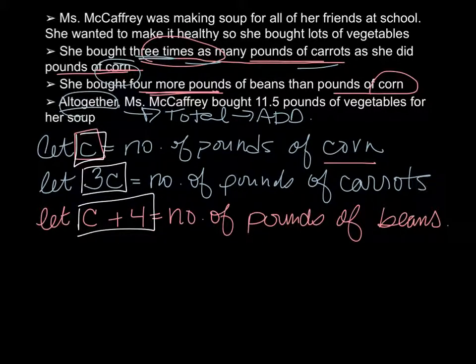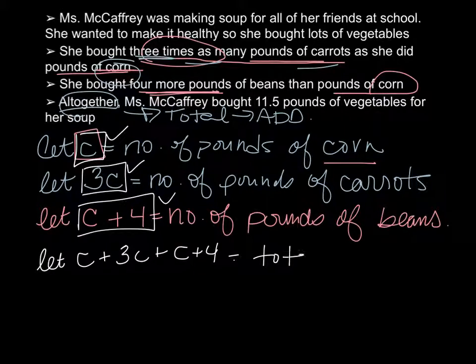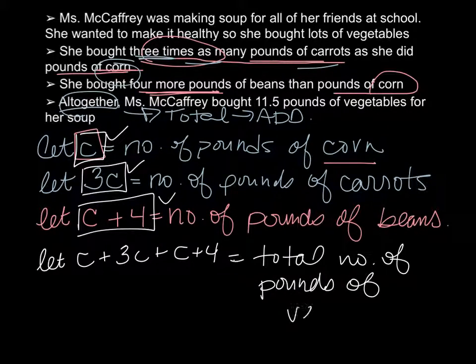So my final let statement is going to be let C, that's this one, plus 3C, that's this one, plus C plus 4, that's that one. All 3 expressions added together equal total number of pounds of veggies.